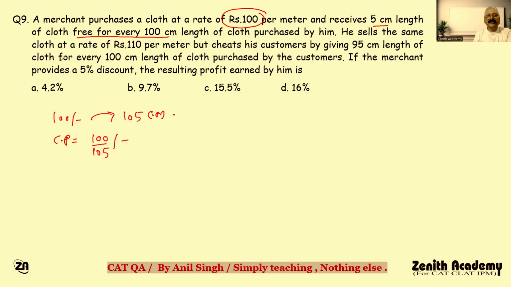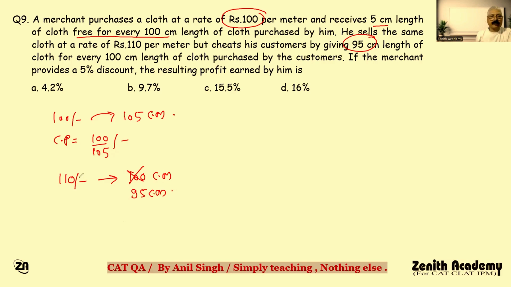And he sells the cloth at the rate of 110 rupees per meter, but cheats his customer by giving 95 centimeter. It means the rate he is giving is 110 rupees for 100 centimeter, but offering only 95 centimeters. So this 110 rupees is actually the selling price of 95 centimeter.